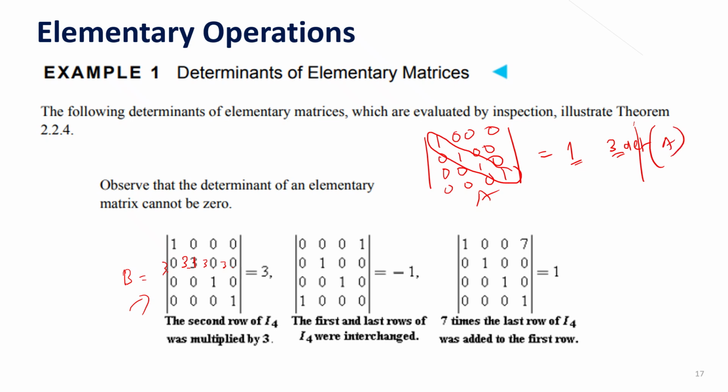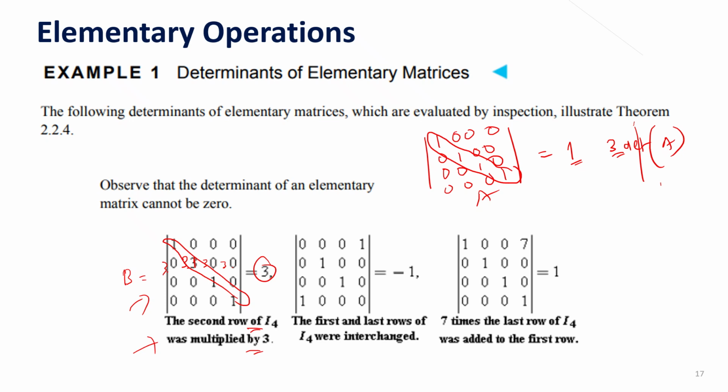So it will be 3 multiplied by 1, so it equals 3. Or you can calculate based on the multiplication of the diagonal of the triangular matrix as well. But since we are implementing the previous theorem, this is the approach that you are using.